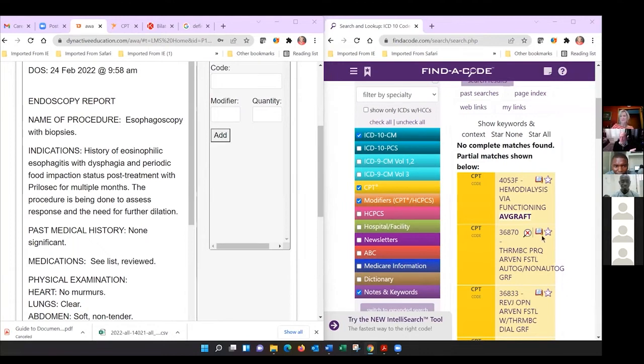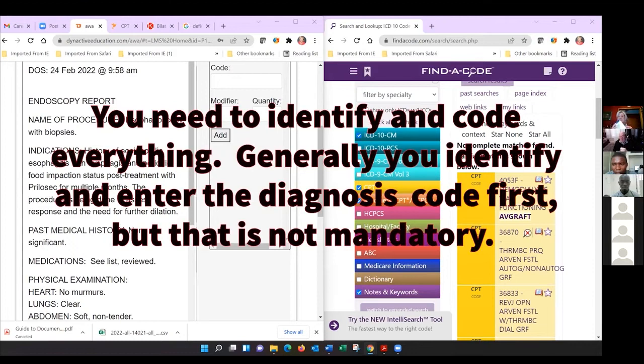Let me ask a question. So Blessing was saying that he wants to code the diagnosis first. Is that the right approach? Do you always want to identify what the diagnoses are before you do procedural coding? No, you need to identify everything. I understand, but do you do one before the other?